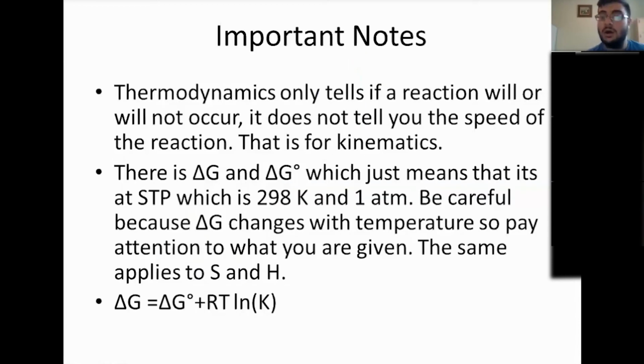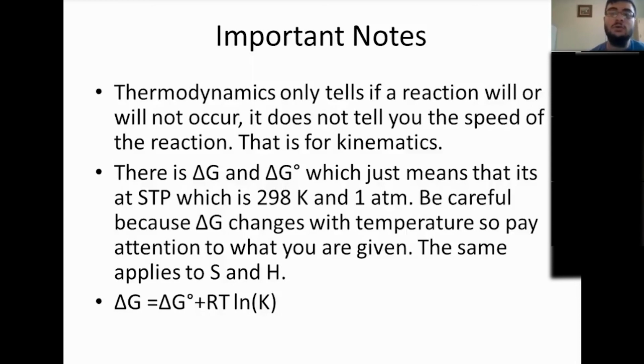Okay, so last slide before we end off for today. I wanted to mention that thermodynamics only tells you if a reaction will or will not occur. If delta G is -10 or if delta G is -10,000, it doesn't tell you how fast the reaction happens. The reaction where delta G is -10 joules might happen faster than the one that's -10,000 joules. That's because it just tells you it's favorable or not favorable.